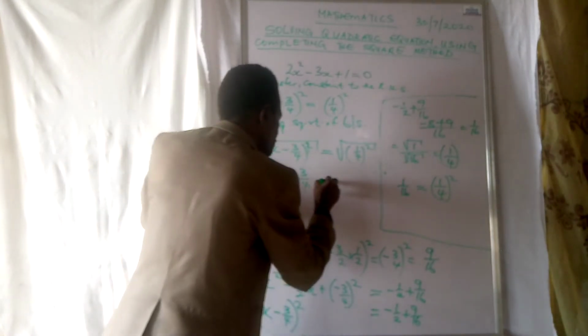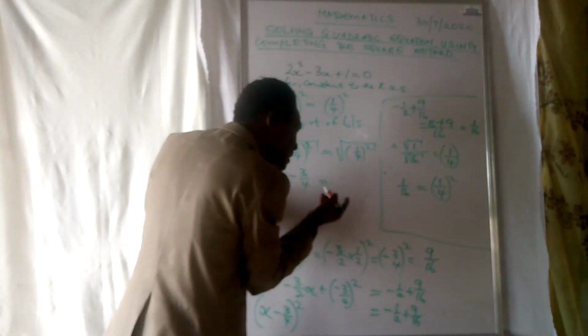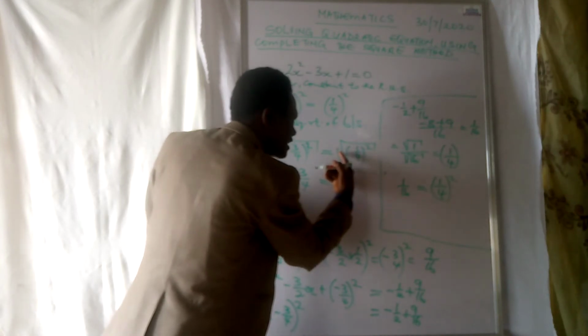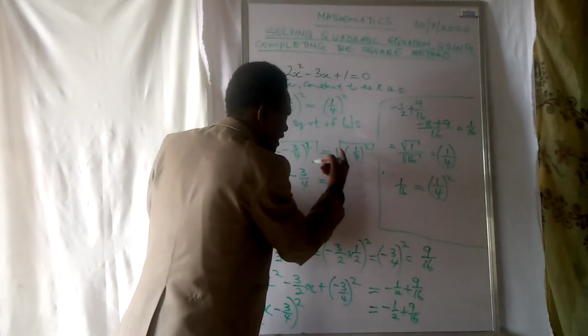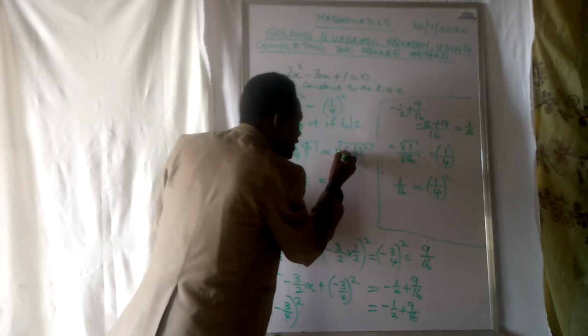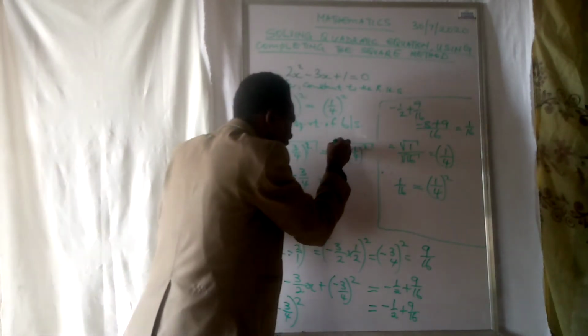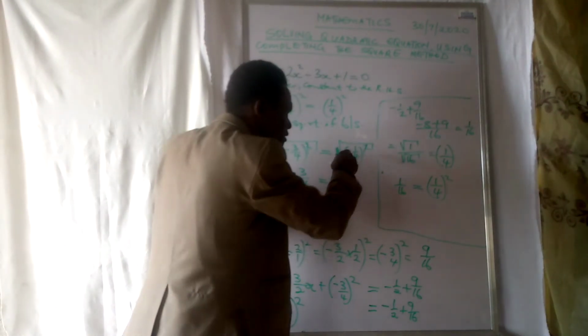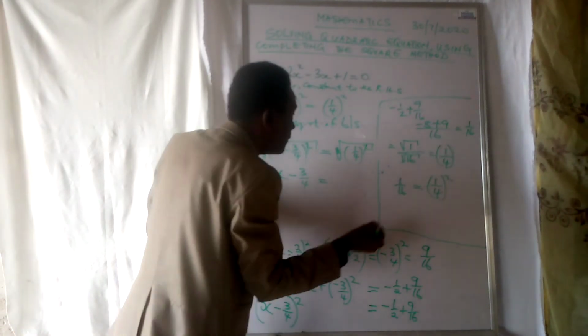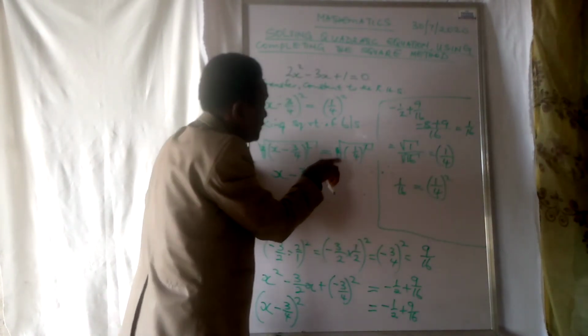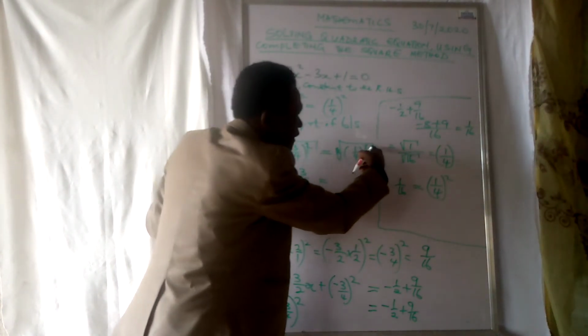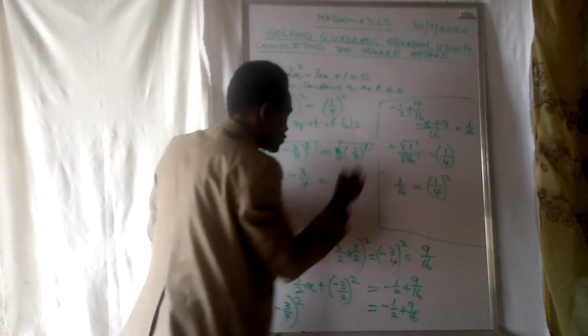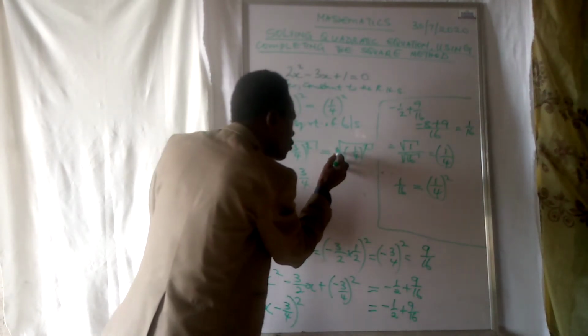Now, this one is also equal to the same thing again. Instead of a square root, there is a hidden 2, so this 2 will cancel this 2, and the square root sign goes away.